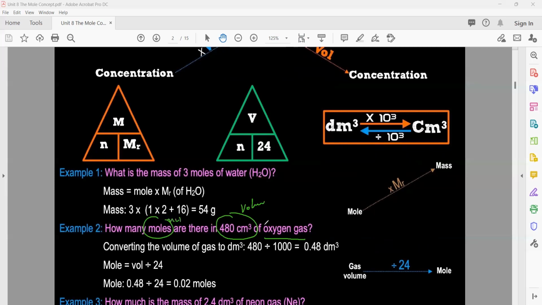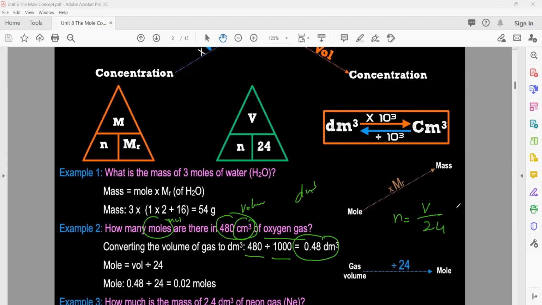So what is the formula? If you want to find the mole, it equals volume divided by 24. But as I told you, volume should be in decimeter cube, and it is given in centimeter cube. So you will divide 480 by 1000, and you will get the answer in decimeter cube.